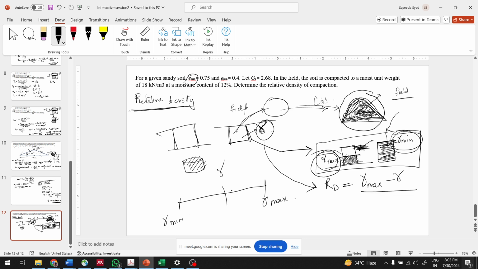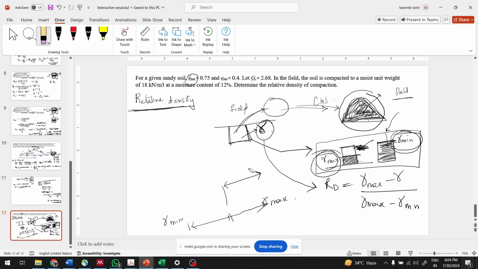It is gamma maximum minus gamma, over gamma maximum minus gamma minimum. So this is our relative density. That is the concept of relative density and why we require it.